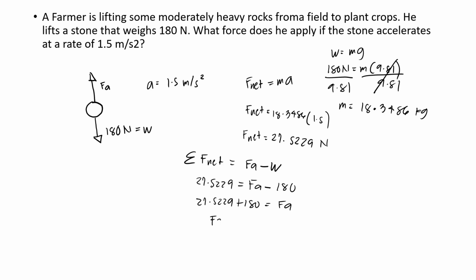Thus we can get the value of FA, which is 207.5229. This is the final answer, so we can round off to the nearest 2 decimal places. The value of the force is 207.52, the force exerted on the object.